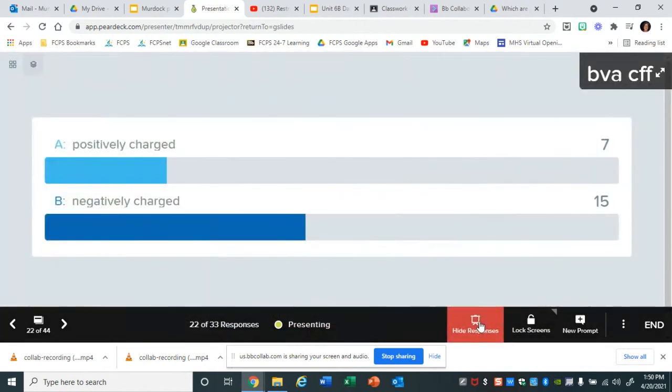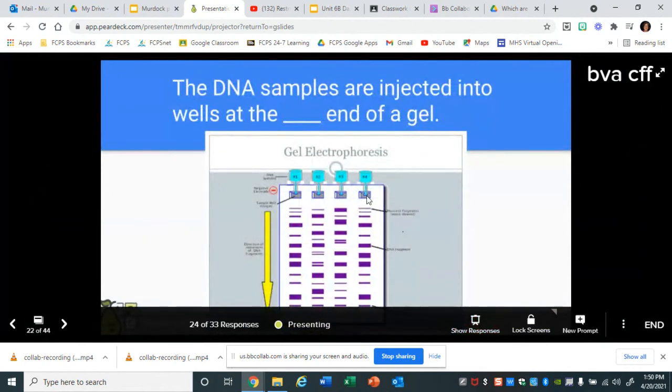At the negative end, yes, you start at the negative end. You see how the wells, the holes in the gel are here, and this is where you're putting your DNA samples at the negative end of the gel. And then when you turn the current on, they migrate towards the positive end, which is down here. Nice job.